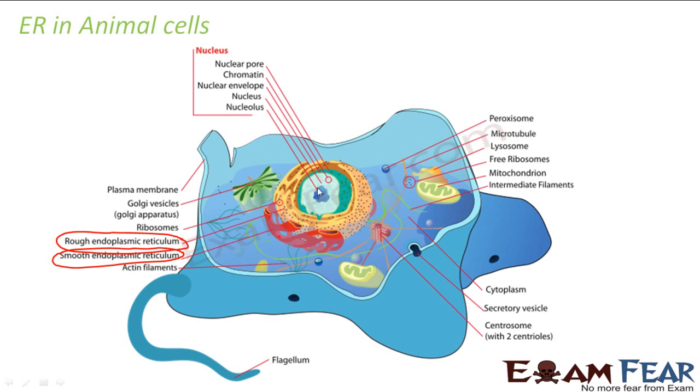The central blue colored structure is the nucleolus. Just outside the nucleus, somewhere nearby, you have the rough endoplasmic reticulum, and a little further you have the smooth endoplasmic reticulum.